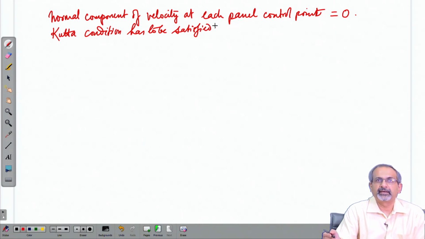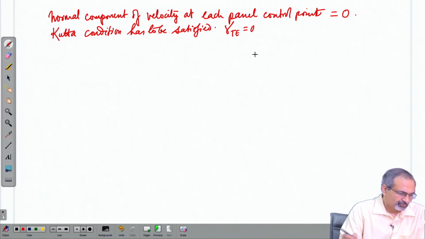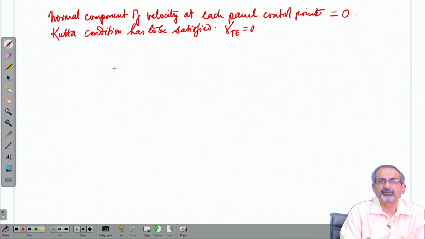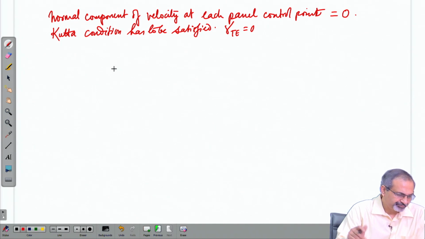There is a finite angle at the trailing edge in this case. So, gamma trailing edge equal to 0 would mean that the trailing edge essentially becomes a stagnation point. The vortex strength can change from one panel to the other. That is why we have n unknowns, gamma 1 to gamma n.